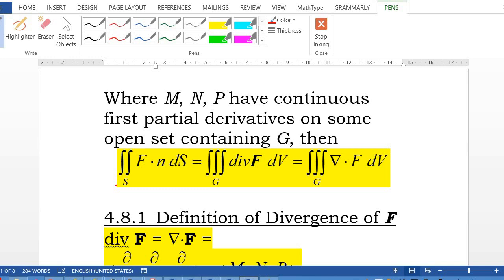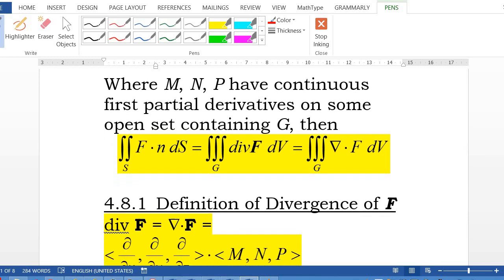Since the surface is closed, it forms a solid G, so you can use the Gauss theorem or divergence theorem. Instead of evaluating your surface integral several times, you just evaluate 1 triple integral of the divergence of F, which is del dot F dV across the solid G, provided the surface S is closed and oriented outward.